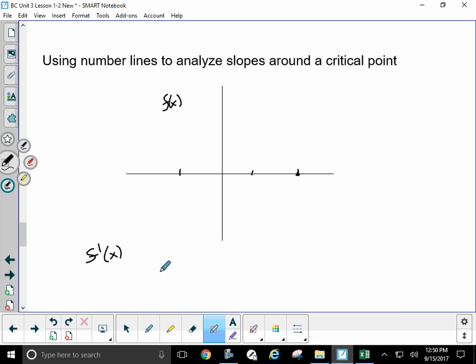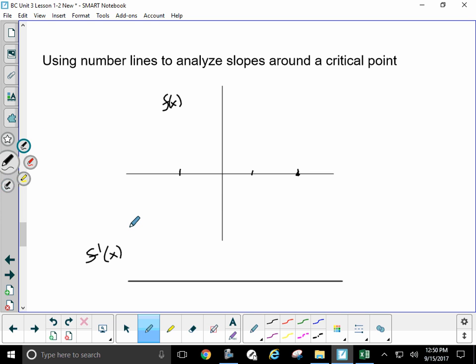I'm going to create a two-dimensional number line. We will be using number lines a lot in this class, okay? Especially in this unit. And we're going to focus our attention at -1 and 1. And I'm going to analyze the signs of f prime.